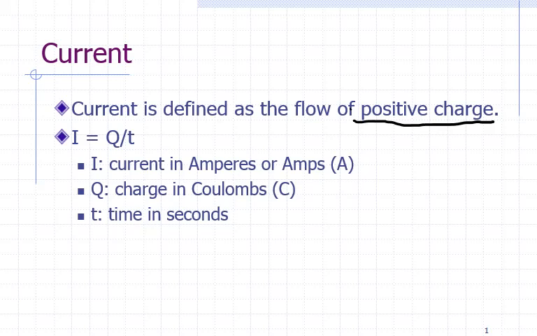So if we had a wire, and let's say we had charge in this wire, and we said, okay, this is the location we're paying attention to. And we look at how much Q, how much charge in coulombs, passes through in a given amount of time. That's how much current we have.